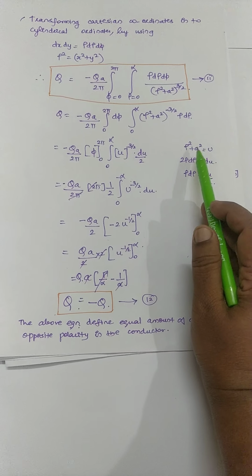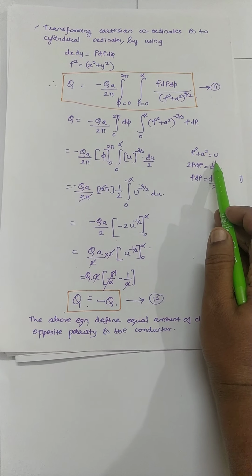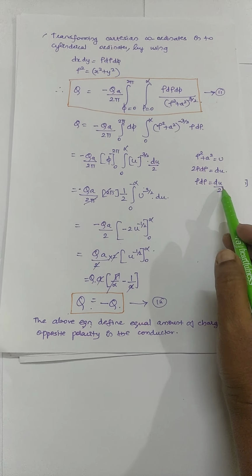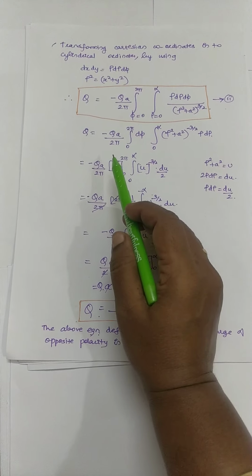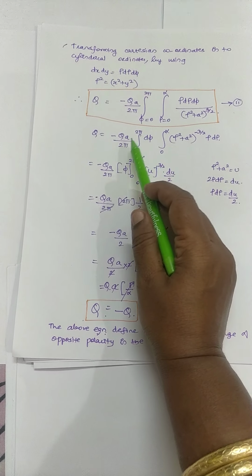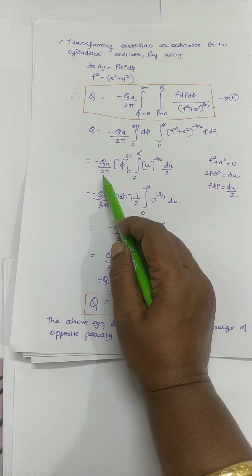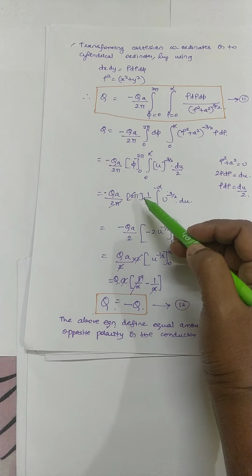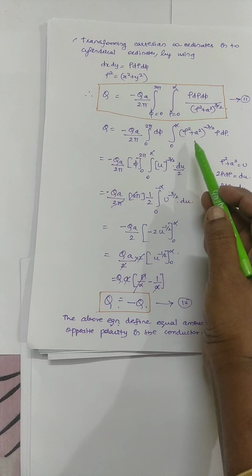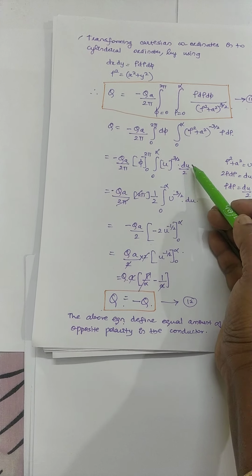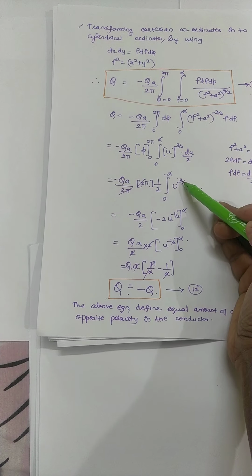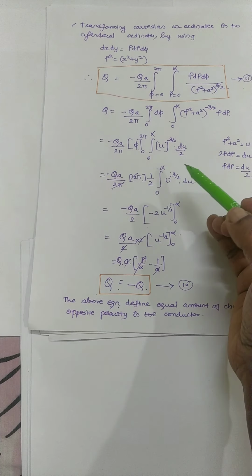Make use of the substitution rho square plus a square equal to u. Differentiating, 2 rho d rho becomes equal to du, so rho d rho can be replaced by du by 2. After all substitutions, I have minus qa divided by 2 pi. The integral of d phi is phi, with limits 0 to 2 pi, so it becomes 2 pi. And u power minus 3 by 2 du by 2, where I take the 1 by 2 out.